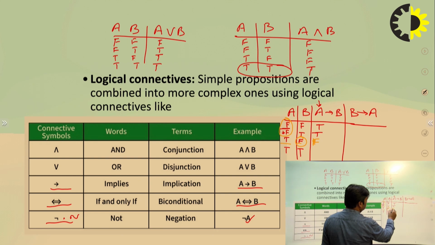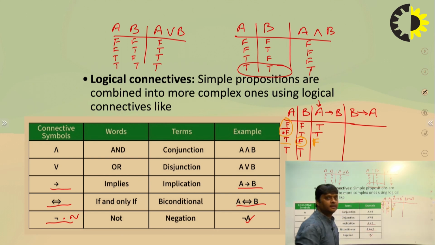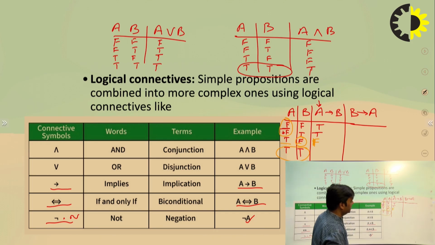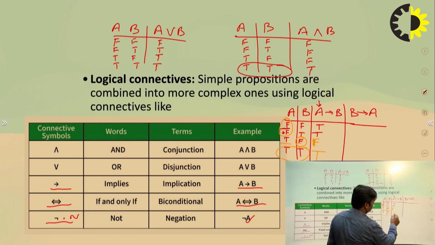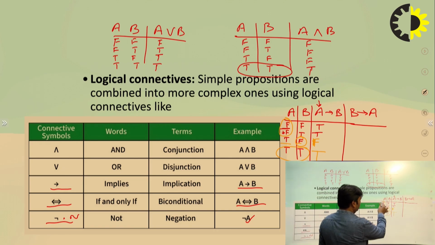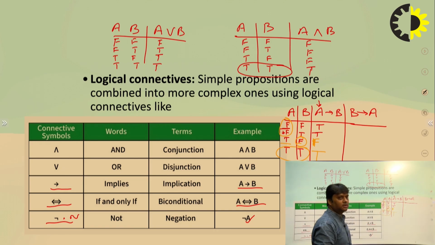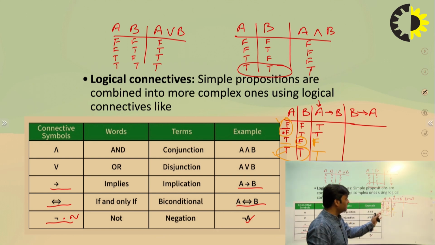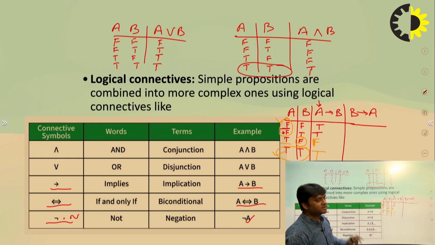This is F. And if both values are true, then the result will be true. So we see here, if the first element is false, then the result is true, or if both values are true, then the result will be true. These two conditions are applied for implication.